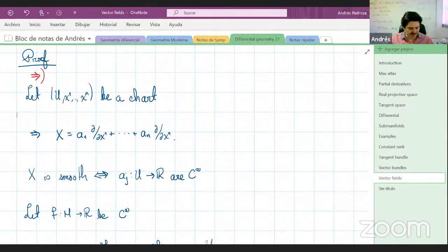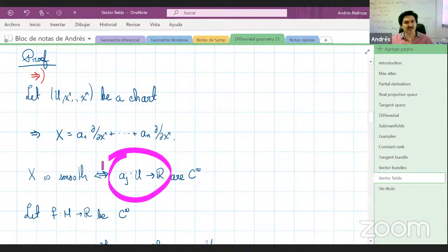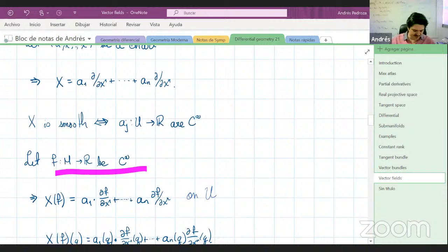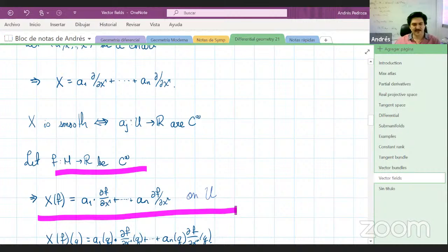Right, so we pick a chart. I have my hypothesis, X is a smooth vector field. So these functions are smooth. And now I pick any function, a smooth function f. Then my definition, I have this, right?